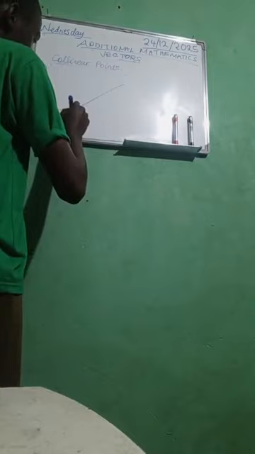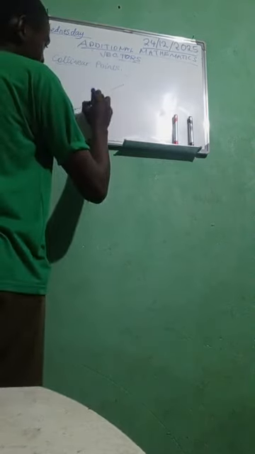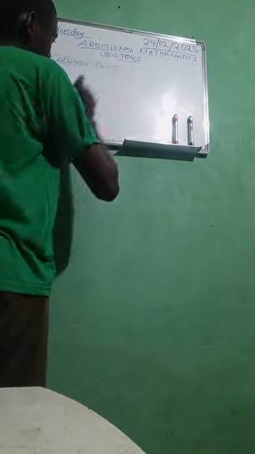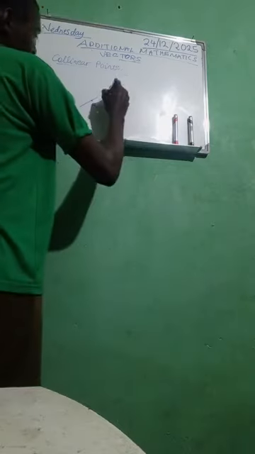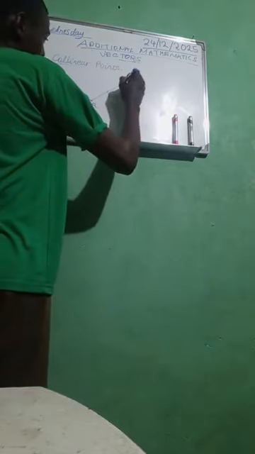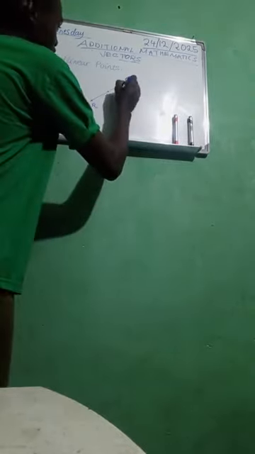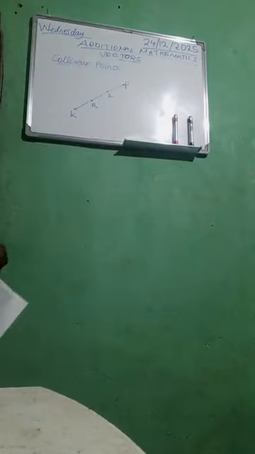K as a point, so we're going to mark that as a point. R as a point. We're going to say Z and then P as a point. These are just all different points. Let me just put a dot there on the P so we do not get confused.